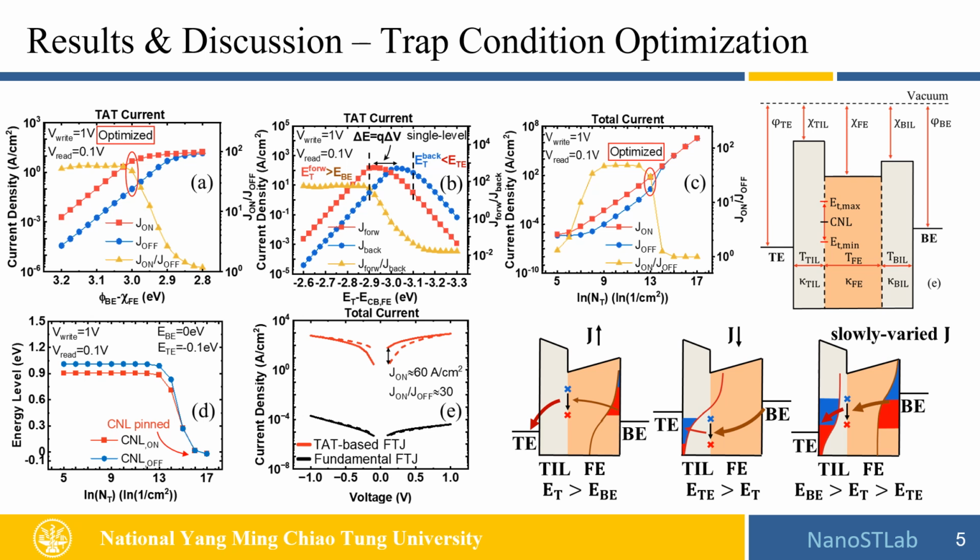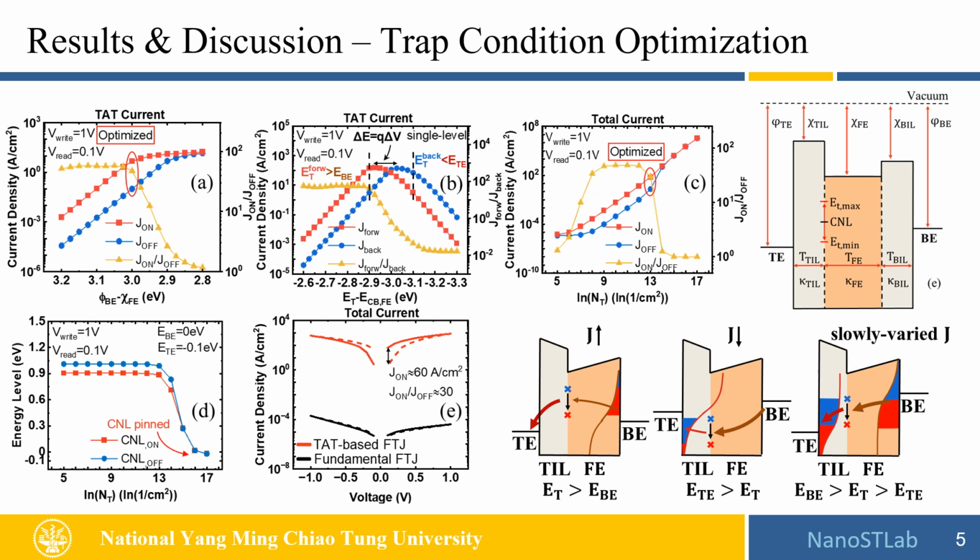And this is a pretty significant result. You can see here in figure E that the TAT-based FTJ exhibits significantly advanced performance over the fundamental FTJ.